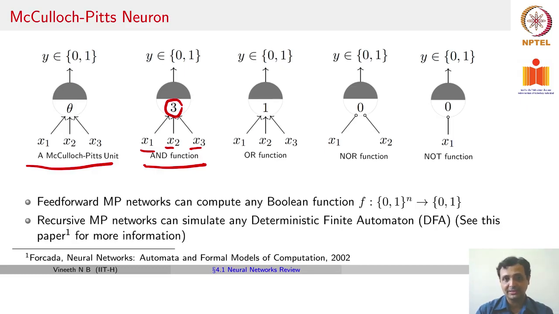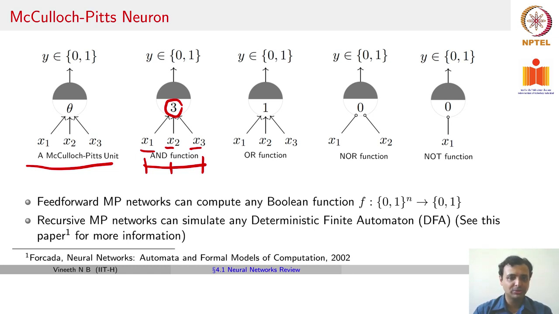So the theta on the previous slide is chosen to be 3 here, which means this McCulloch-Pitts neuron would give an output 1 only if all the 3 inputs were 1, because that's when it would reach the threshold 3. A simple example of an AND gate.